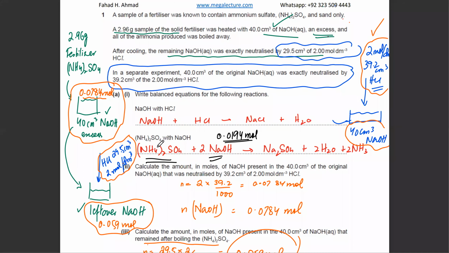And in the next part, he's going to ask you about ammonium sulfate moles. So 2:1. So divide this by 2, you'll find the moles of ammonium sulfate. What do you get?